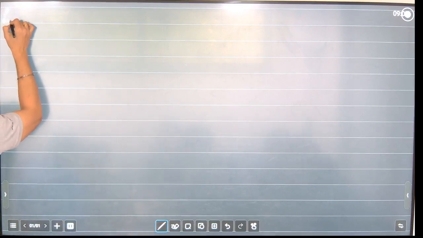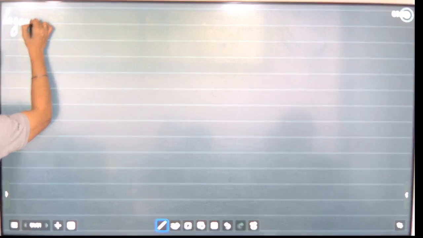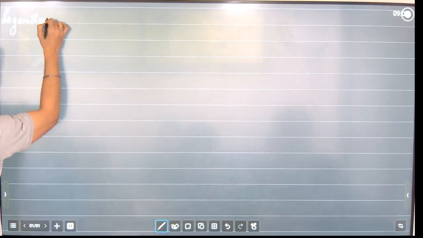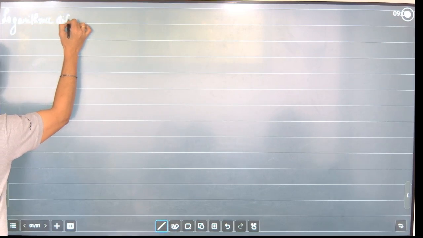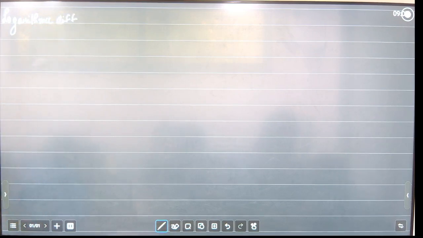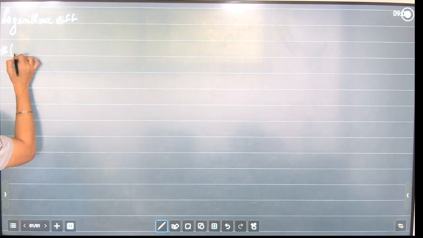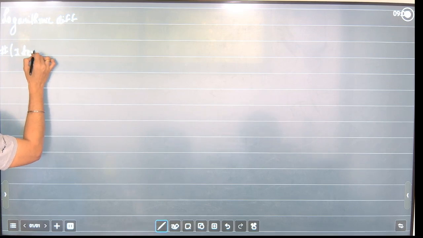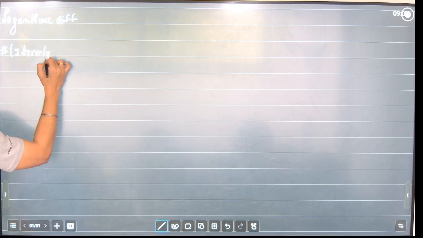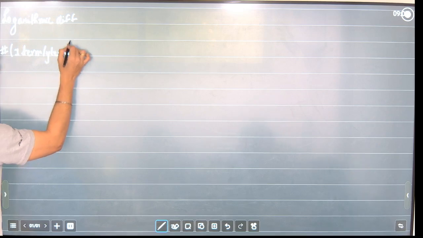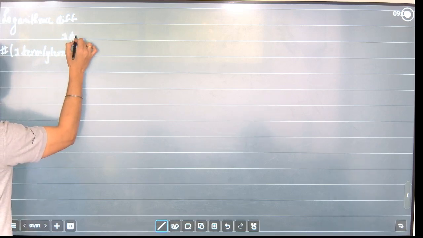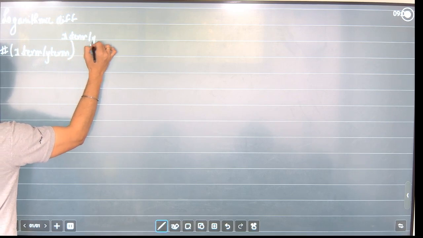Next topic is logarithmic differentiation. Logarithmic differentiation is used when we have an x term or a y term raised to an x term or a y term.